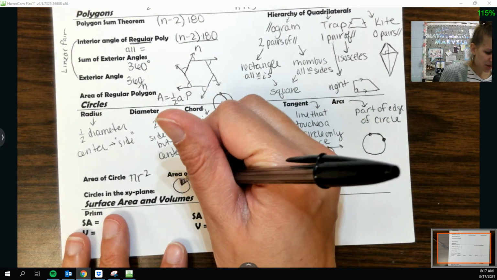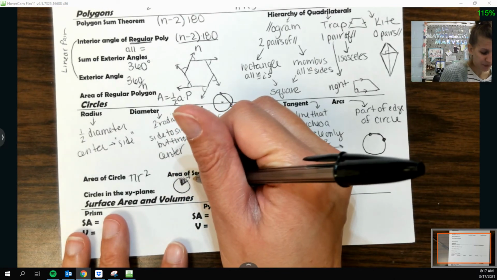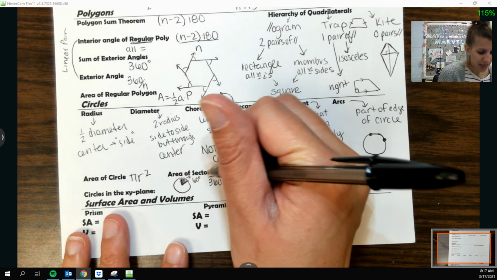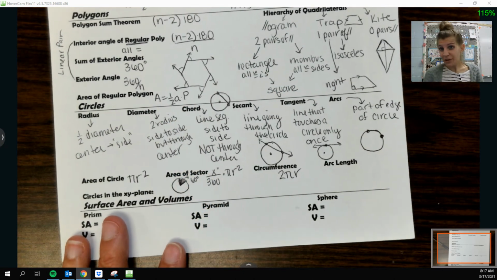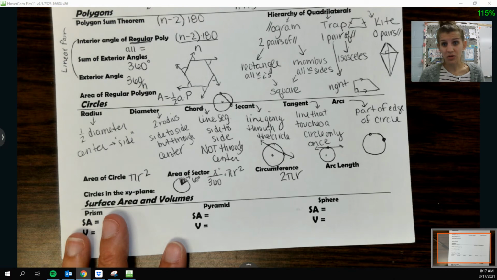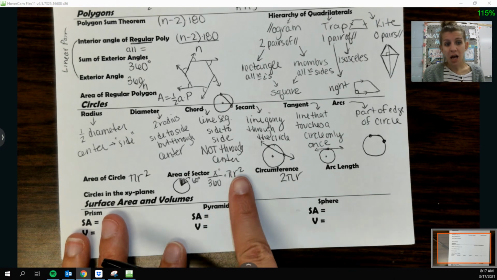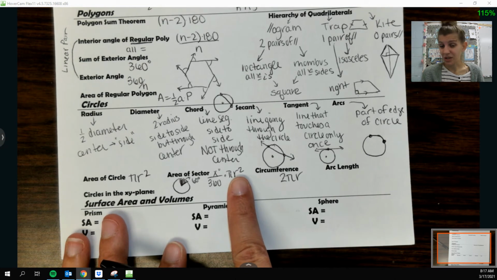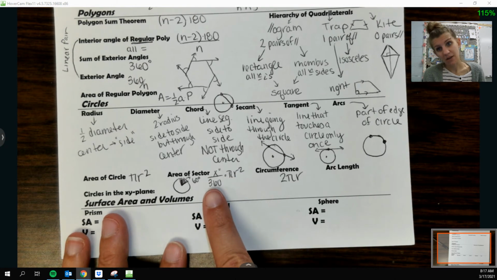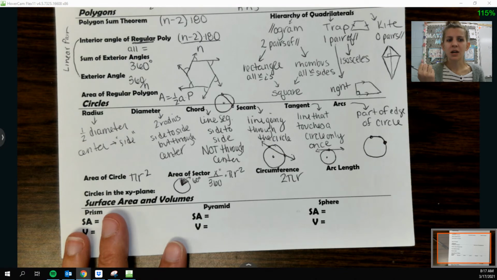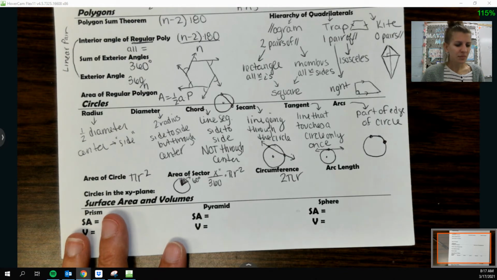So if this right here was, I don't know, 60 degrees, then I put that above, and it's over 360 because 360 is the total degrees. So you're literally taking a portion of the area of your circle. However many degrees out of the total is the portion of the area that you want.